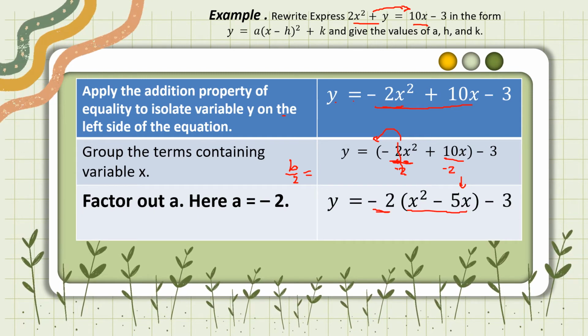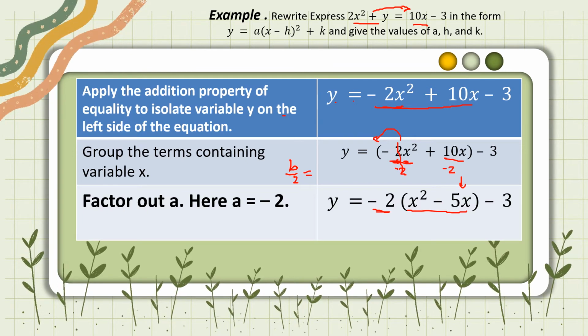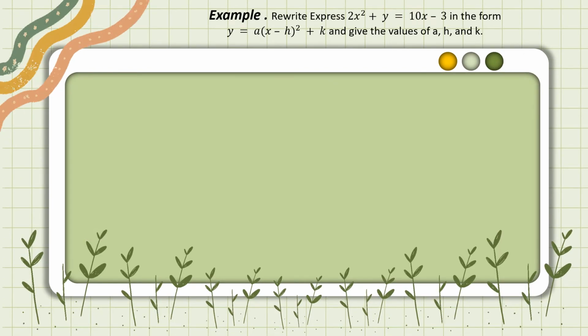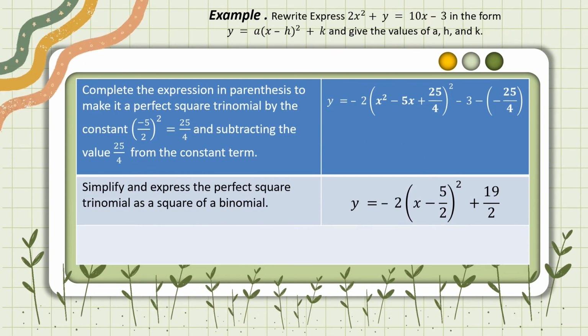So, eto na po. Ito po ay gagawin nating perfect square trinomial. So, paano? Same lang yung process. Since negative po siya, negative 5. At ang 5 po natin ay hindi po siya perfect. Diba ang b natin, negative 5. I-divide mo sa 2, tapos square mo.